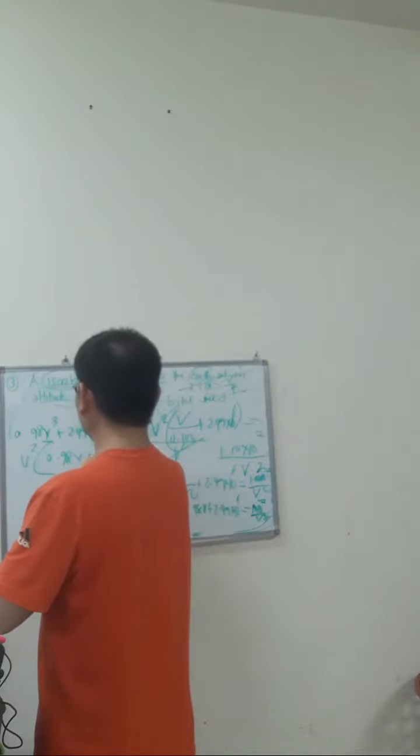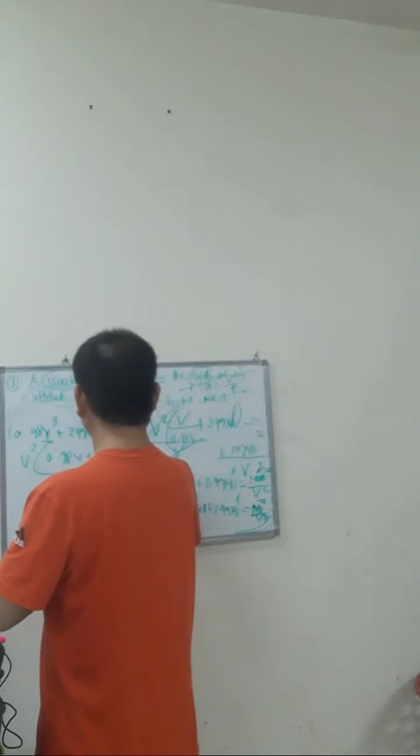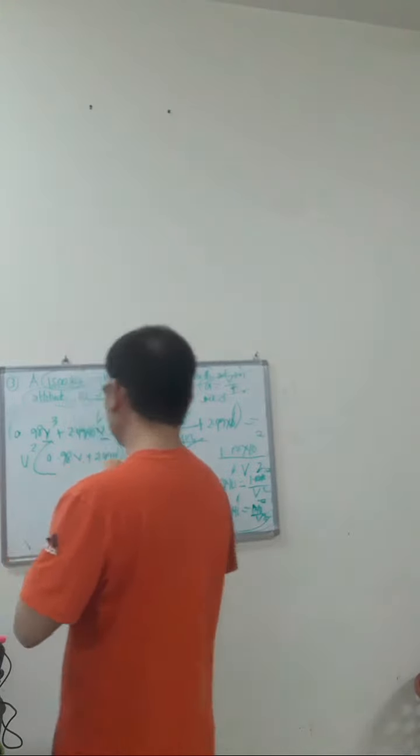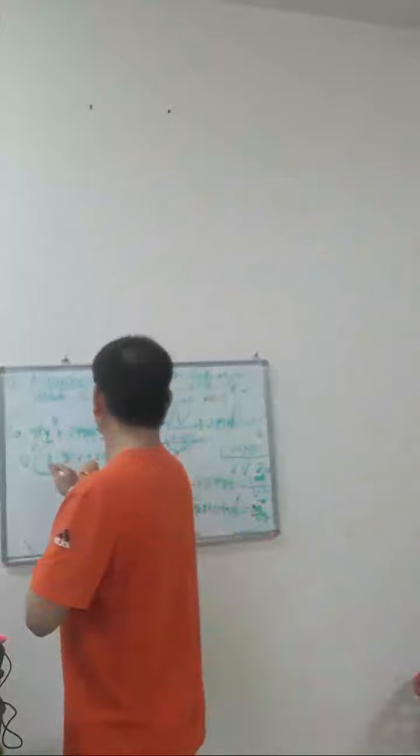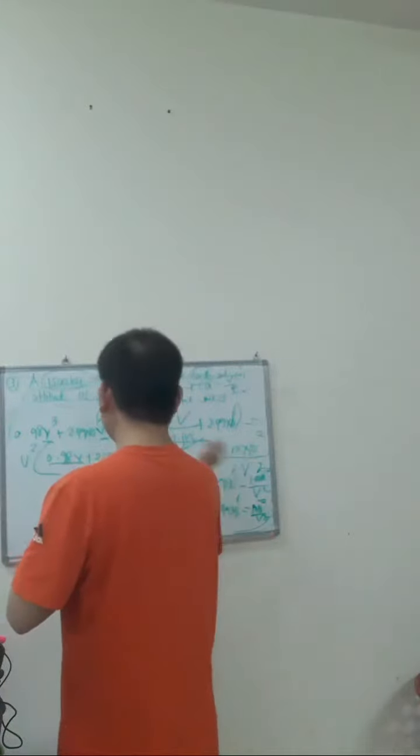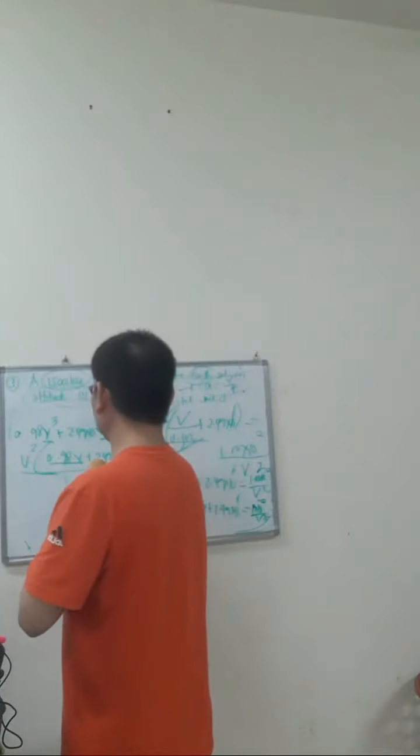And then 2.49 times 10 to the 6, then 1 times 10 to the negative 7. Correct. So divide by V squared, cancel.